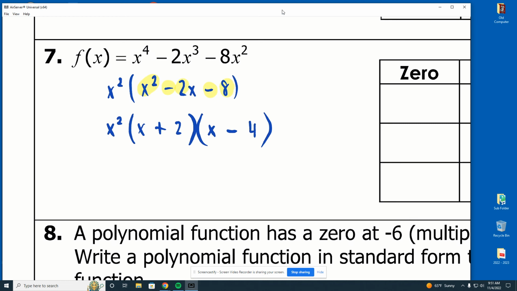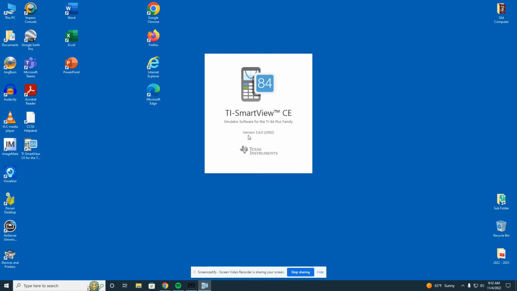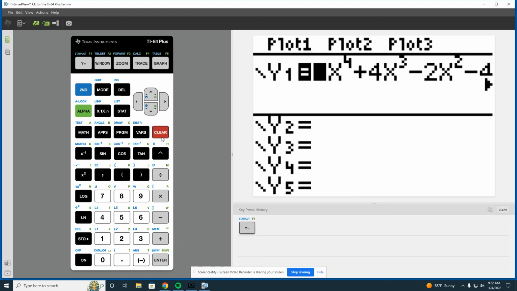Okay? Now I'm going to pause there for just a second. And I'm going to show you the other method and then let you guys determine for yourself which one y'all would prefer. The other method, since we've learned it now, is the graphing calculator. So look, I'm going to grab my TI-84 Plus, and I'm going to graph this original equation.